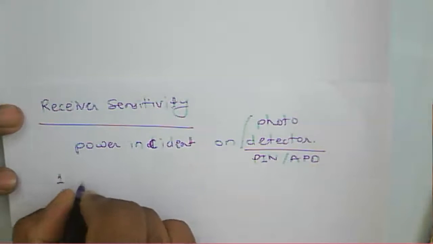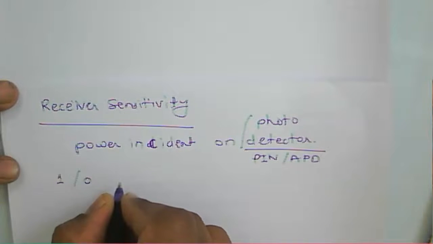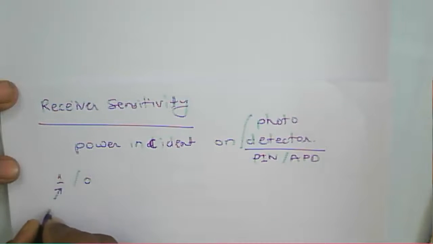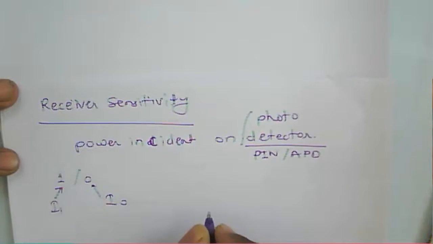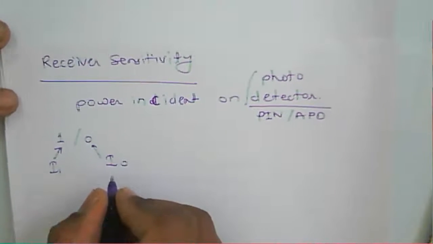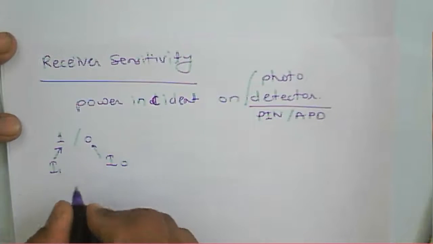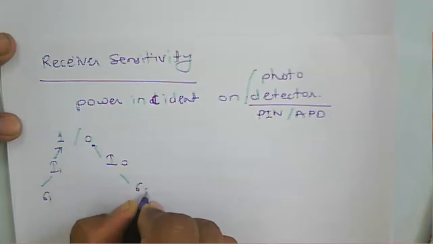when we can say that 1 and 0 pulses are transmitted. If 1 is transmitted, the current will be I1. If 0 is transmitted, I0 is the current, and their corresponding noise variances will be sigma 1 and sigma 0.